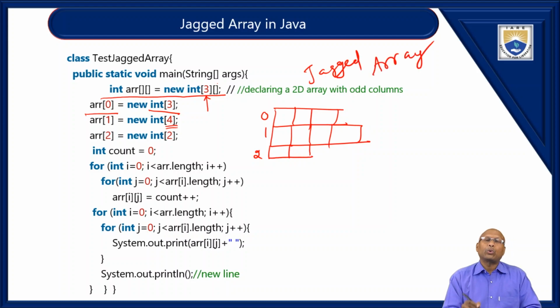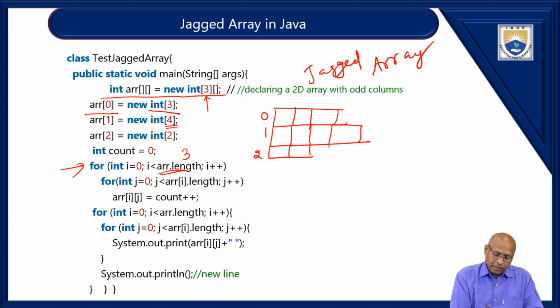In this jagged array, I want to store the data. So how many 1-dimensional arrays are there? array.length tells how many rows there are. So there are 3 rows, which means the outer loop repeats 3 times: for i = 0; i < array.length; i++. There, for each row, the number of elements is changing: j = 0; j < array[i].length. For i = 0, the 0th row length is 3, so it will repeat 3 times.